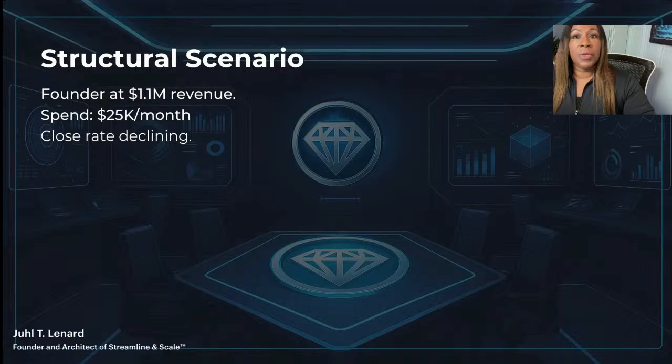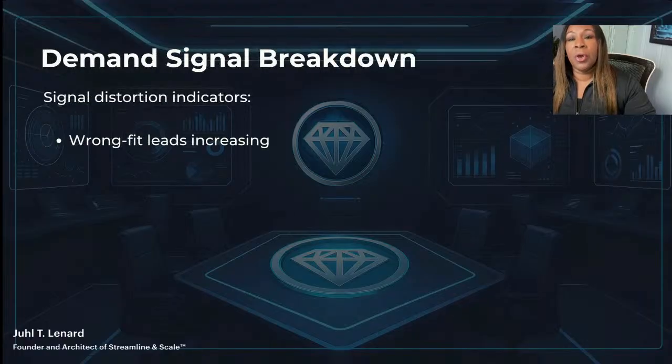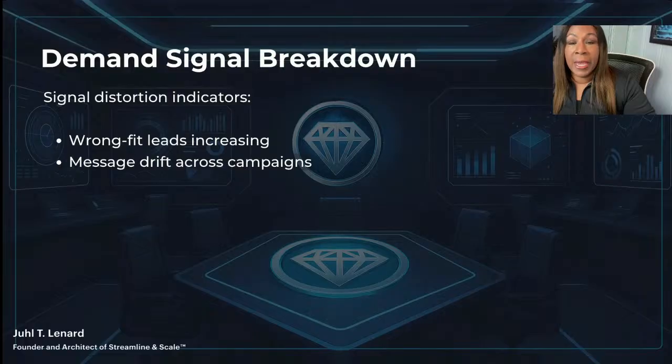If we look at a structural scenario, let's take a founder who's at 1.1 million in revenue. Spend is 25,000 a month, and the close rate is declining. Okay, just keep that in mind. So there's a signal breakdown in the demand domain. The indicators of the signal breakdown are that the leads coming in are not your ICP, and the messaging across domains is not consistent.